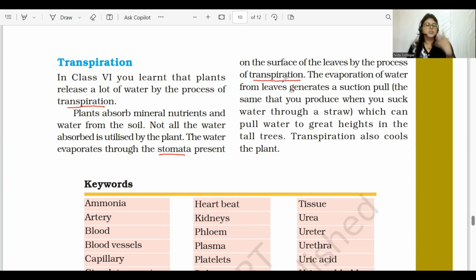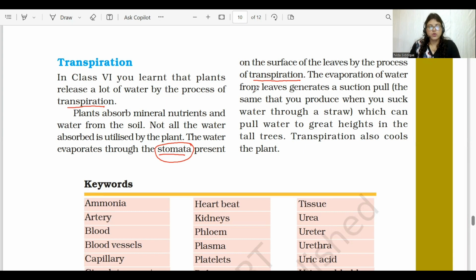Not all the water absorbed by the plant is utilized. Instead, a huge quantity of water evaporates from the plant's body through the openings on the leaves called stomata. This process of losing water is called transpiration.